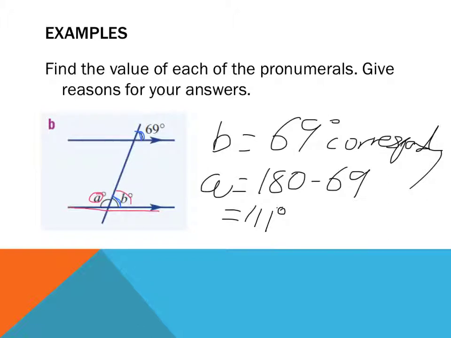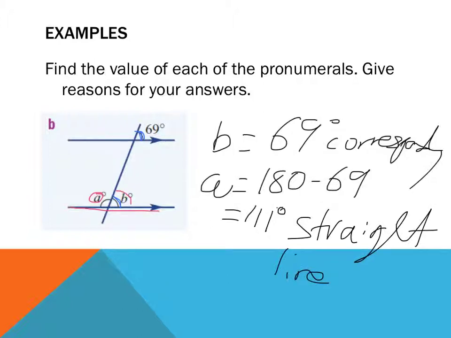What's my reasoning behind that? Straight line is my reason, because they're both sitting on a straight line. From there to there is 69, which must mean that that is the rest of it.